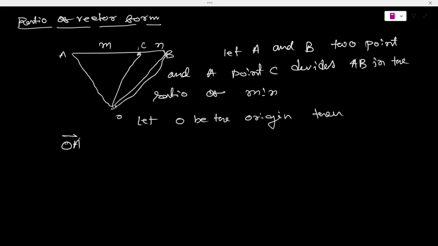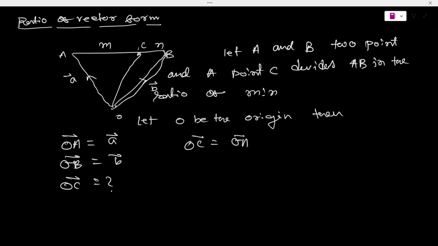Then OA vector is basically A vector, OB vector is B vector, and OC vector is C vector. We have to find the ratio formula. OC vector is equal to OA vector plus AC vector.